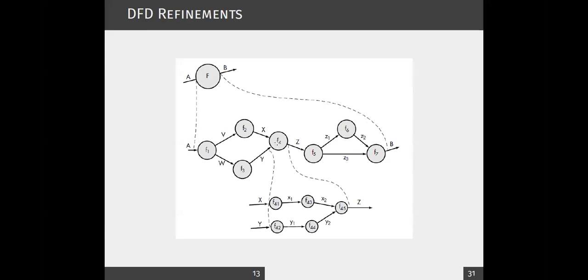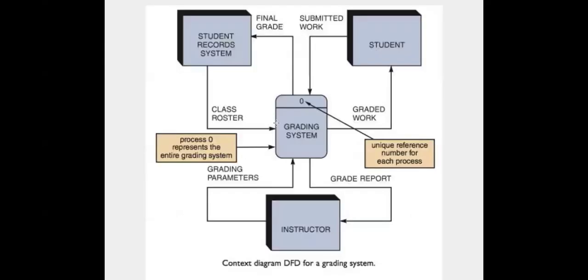Same with, for example, this particular process: there are two inputs X and Y, and the output is Z. If you go into the details of this process, there will be a set of sub-processes. But remember, again, the inputs and output will be the same as in the previous step. That's what we have discussed so far.